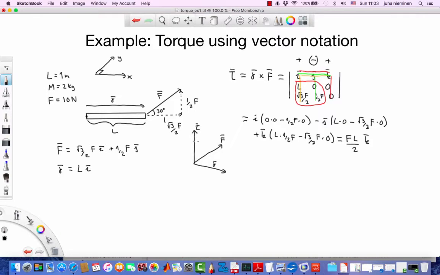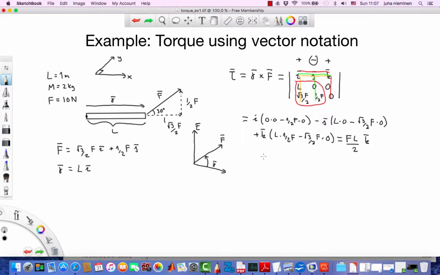Again, if we point our thumb along the torque vector, the z direction, and we point the remaining fingers towards the r, and then curl our fingers towards f. Or we don't even have to think about the f, we just curl our fingers, and that will give us the direction of the ensuing rotation. And this of course makes sense that we have counterclockwise rotation when the f is directed as we see in this figure.